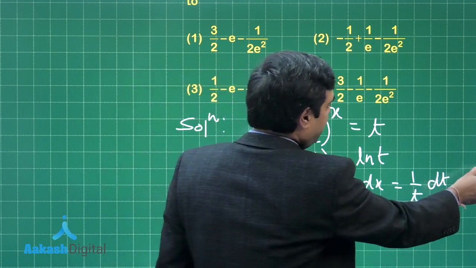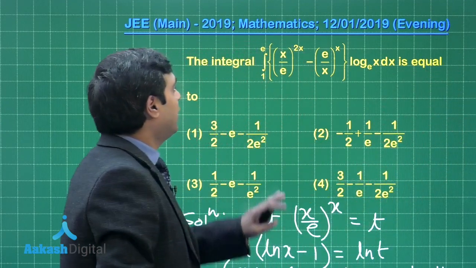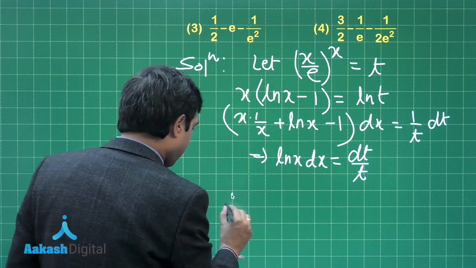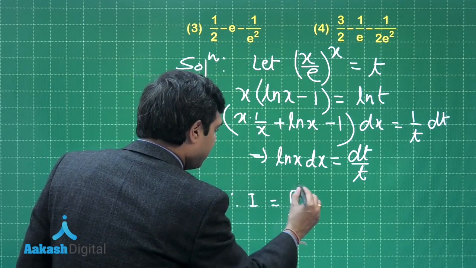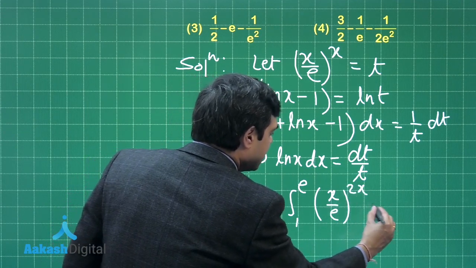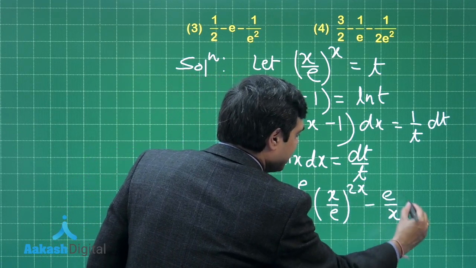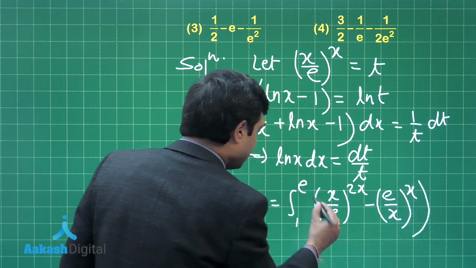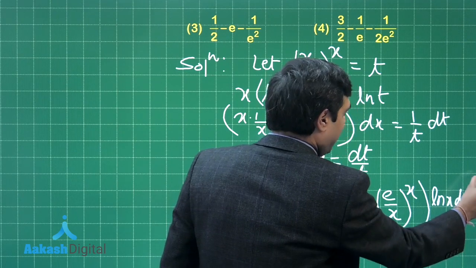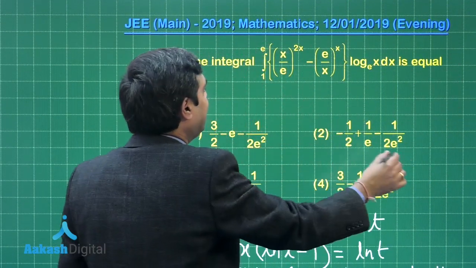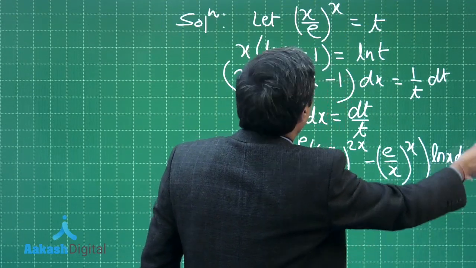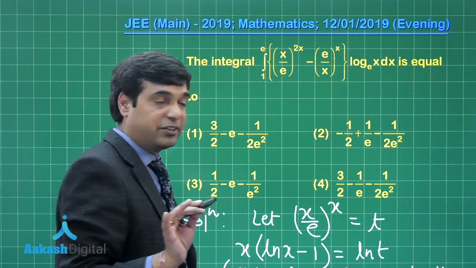Now, let us look at the integral part given to us. Let us rewrite it first. Therefore, I equals integral 1 to e of [(x/e^x)² - (e/x)^x] multiplied with log x dx. Let us cross check. The same function is there.